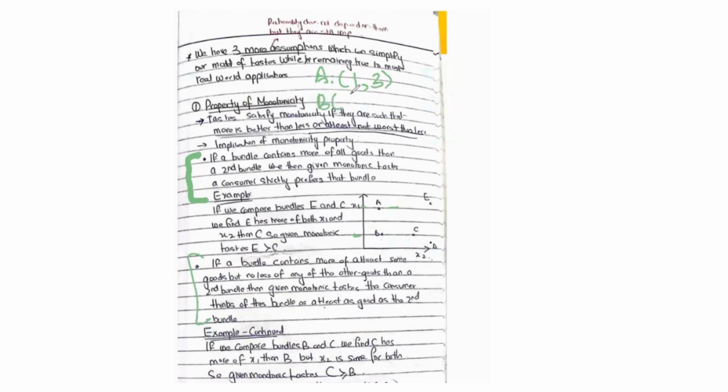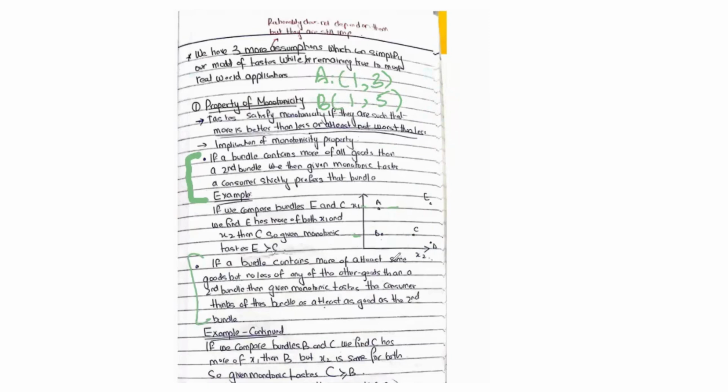And we have bundle B, which has 1 unit of good 1 as well, but it has 5 units of good 2. So it has more of some goods, in this case good 2, but it doesn't have less of any other good. Bundle B has more of one good and at least the same amount of the other goods, so it should not have less than bundle A.